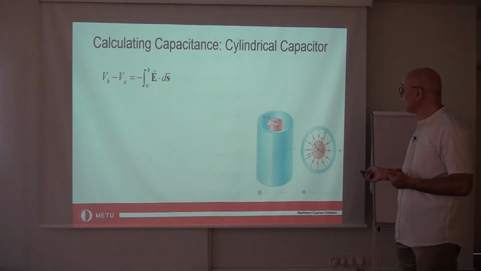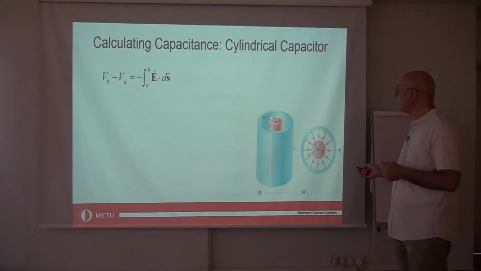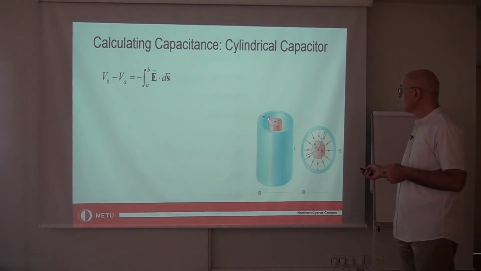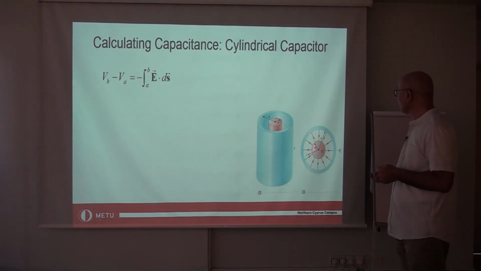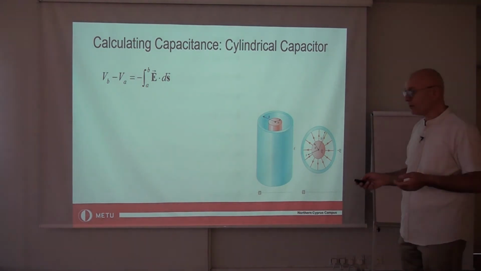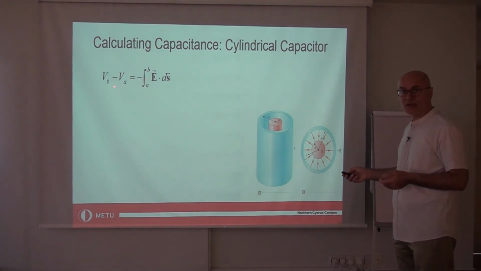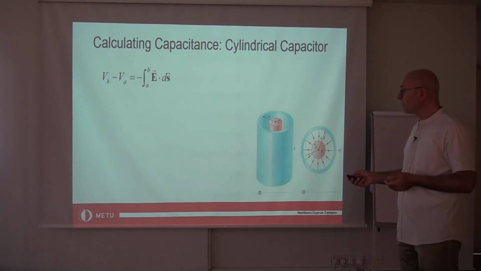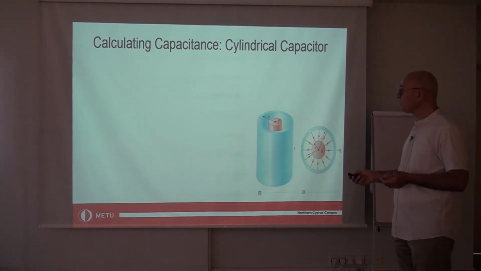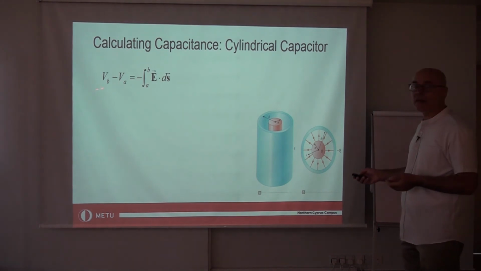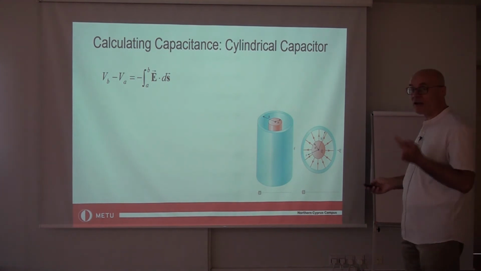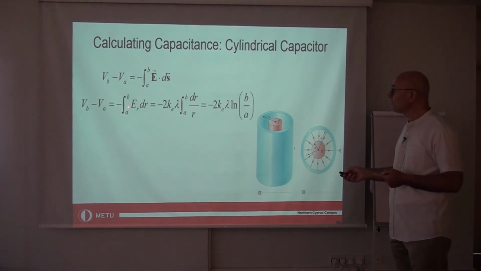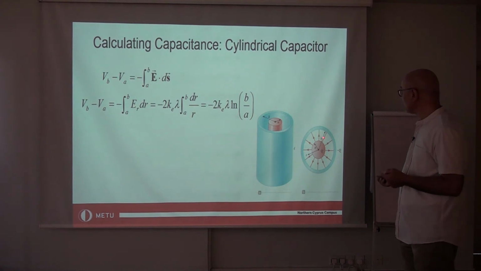So I want first to find the capacitance. I have to divide Q by V. So I need to find the potential difference in this region. I construct this integral because VB minus VA is just this integral, as we know. Now we have E, the electric field, which is just this. Since we know it, we just plug it in. Note that since this integral is independent of the path, I choose the best path. The best path in this case is taking ds along r hat, so ds is just dr r hat.